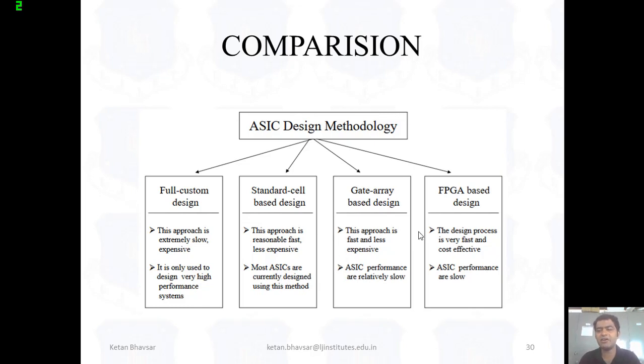Fine. Now FPGA based design. The design process is very fast and cost effective. ASIC performance is slow. So when we're dealing with cost and when we need a fast response, then we use an FPGA in comparison to full custom, standard cell and gate array based design, because it is fast as well as cost effective.